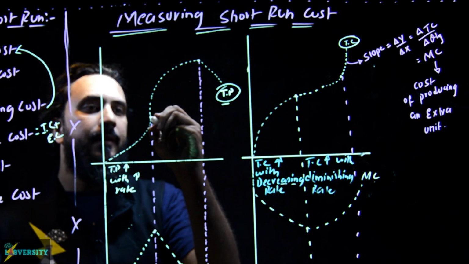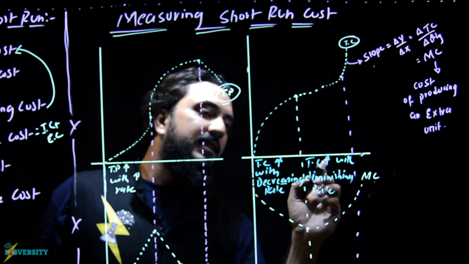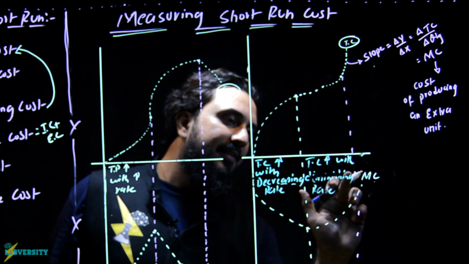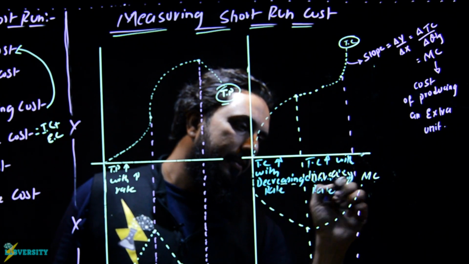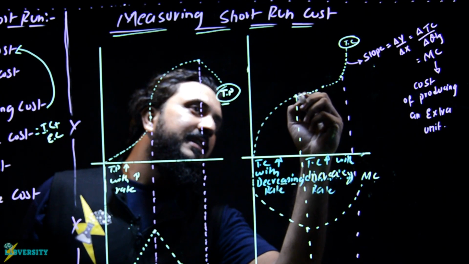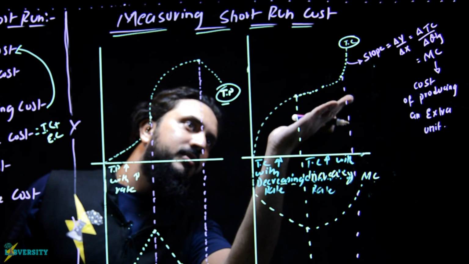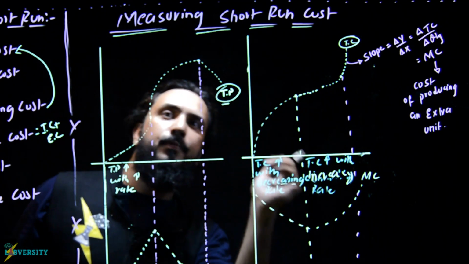At a particular point, your total cost starts to increase with an increasing rate. You can write increasing rate here. So when your total cost starts to increase with an increasing rate, you can see the curve. Now the total cost is increasing, but on the same side your productivity starts to fall.